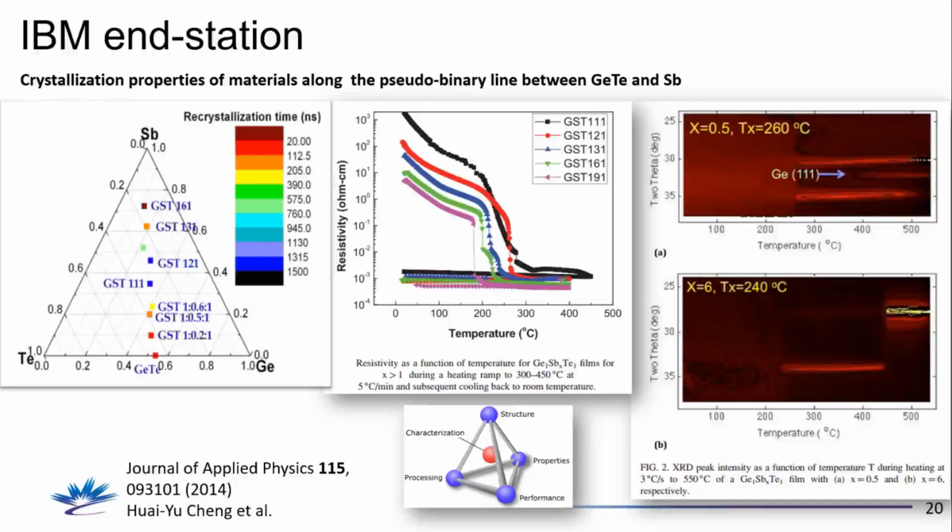And here's the amorphous phase, has no peaks. It has a very high resistivity, which we're measuring at the same time. And when you heat up, you get the crystallization, and then the crystalline phase has very low resistance.